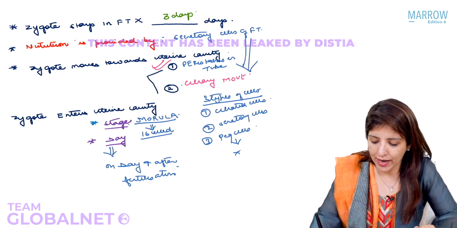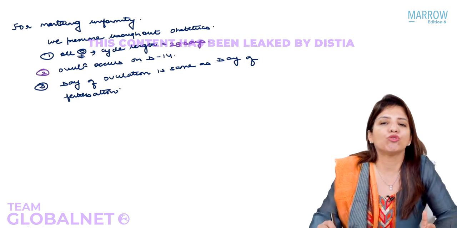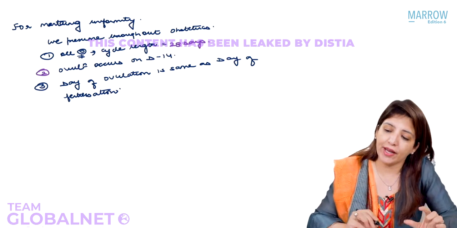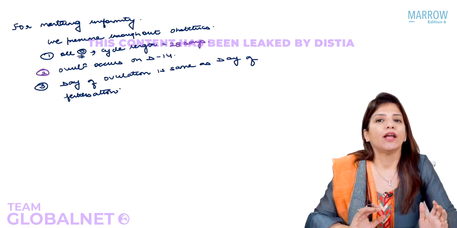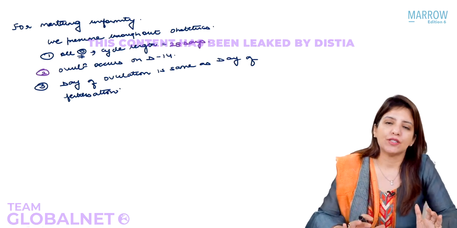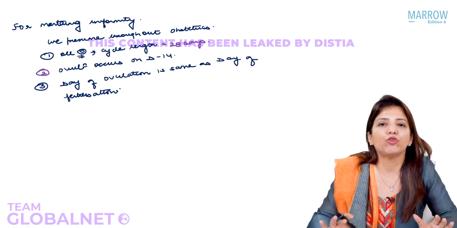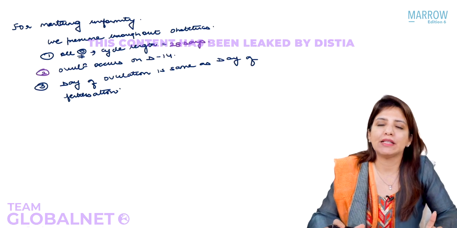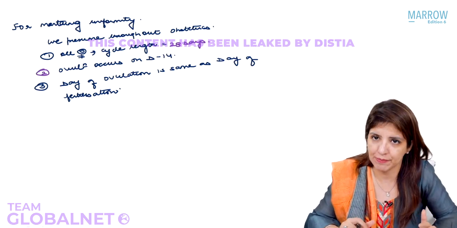Right? Now, when I say 4 days after fertilization, I want all of you to understand that in a menstrual cycle, how many days would that count to? Now, in all pregnant patients, there are 3 things which we are going to presume. Number 1, we are going to presume that all pregnant females have a regular menstrual cycle of 28 days, right?